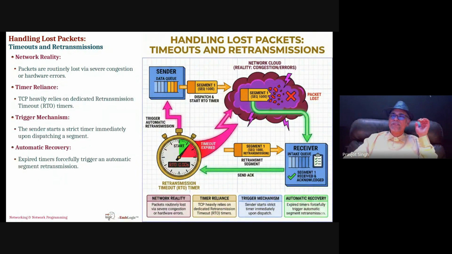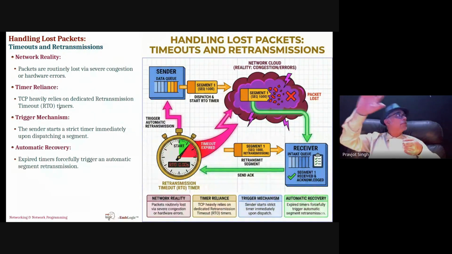This is a very common thing known to everybody. The network reality is that packets are routinely lost due to severe congestion or hardware errors. Timer reliance is there with respect to sending data and with respect to acknowledgement. TCP heavily relies on dedicated retransmission timeout RTO timers. Now, what are these timers implemented as? Wall clock time or some other timing mechanism?